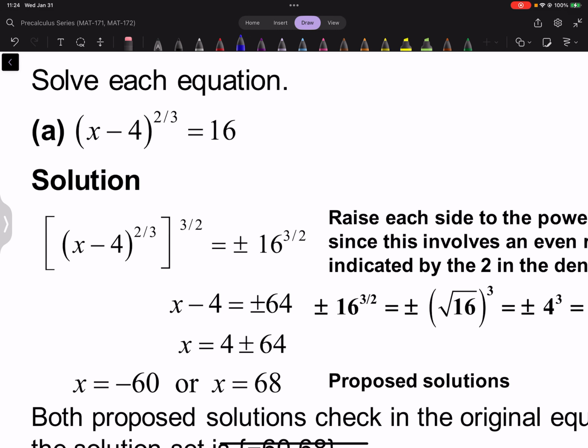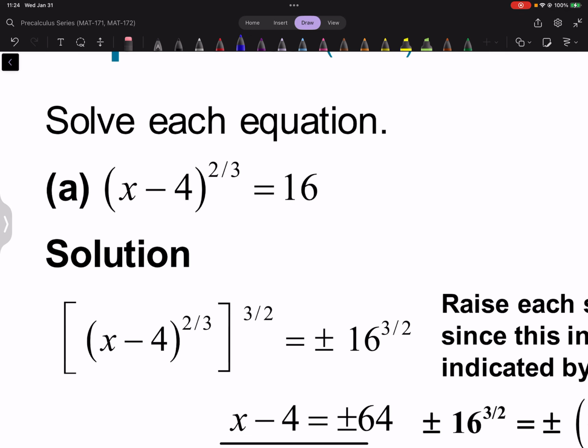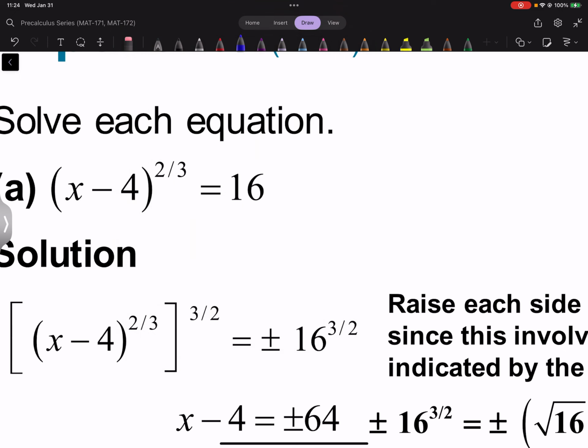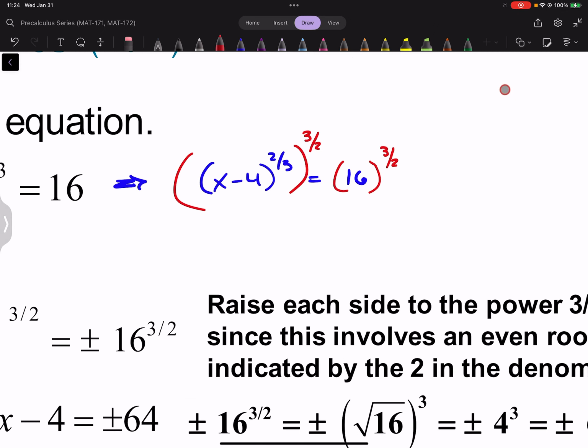All right, so we're in a situation like this, and this is something I need to warn you about, because if you paid attention in the last example, likely what you are already planning to do is raise both sides to the power of 3/2. Now, anytime you utilize the power property and you have an even number in the denominator of the power you're raising it to, you need to add plus or minus.